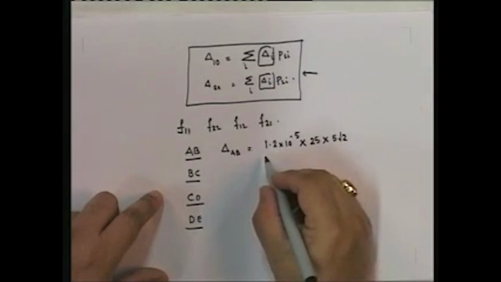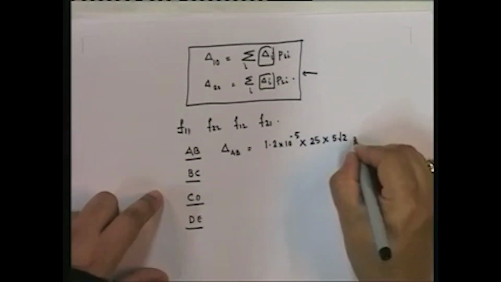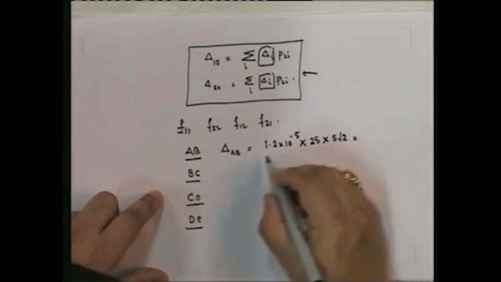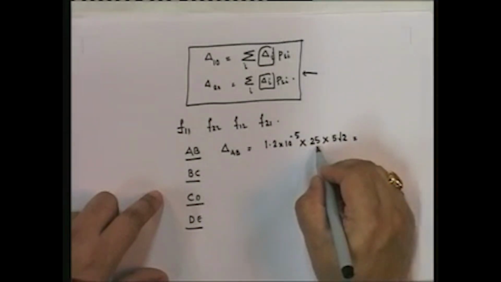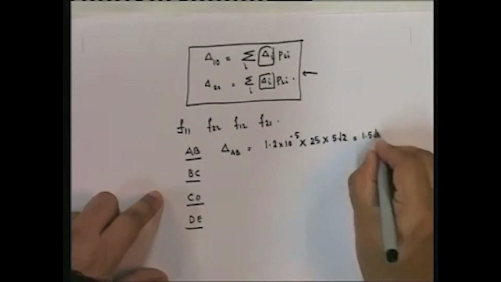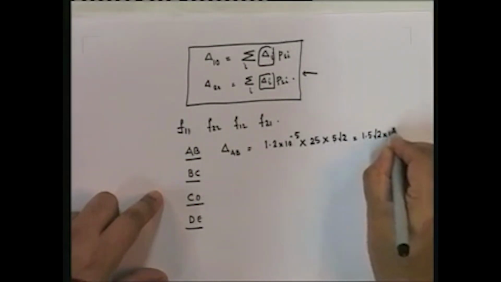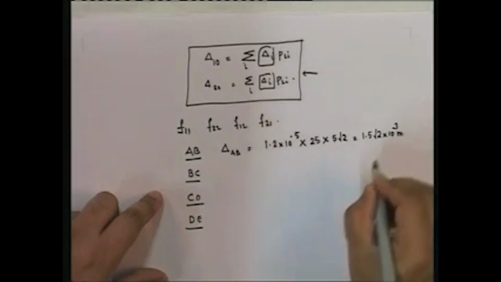Okay, so what does this become? 1.2 into 25 is 30, 30 into 5 is 150. So this becomes 1.5 root 2 into 10 to the power of minus 3 meters.